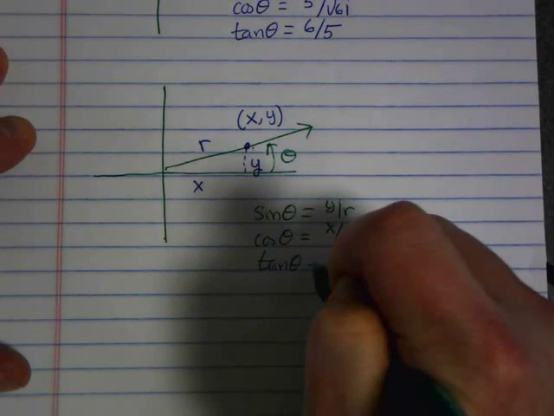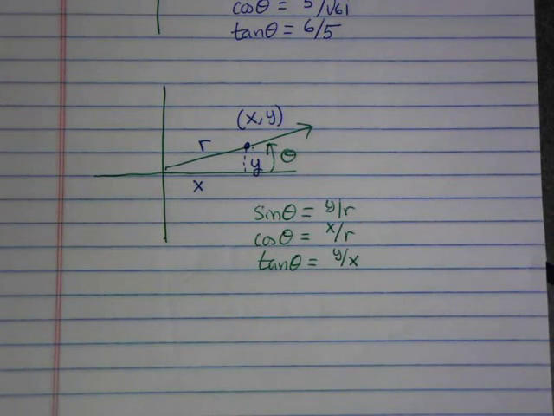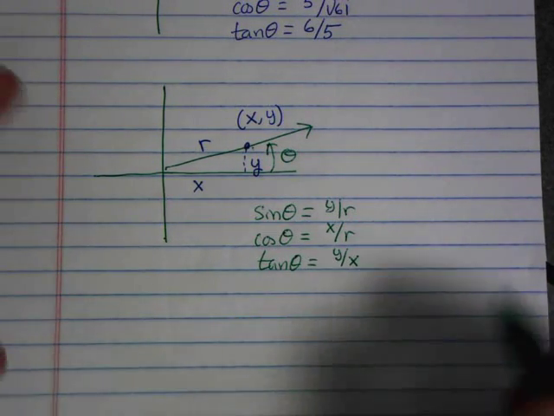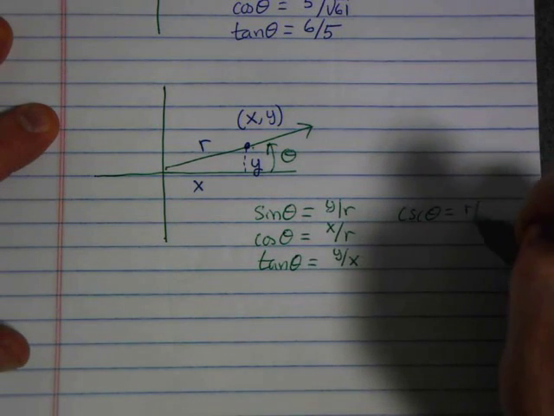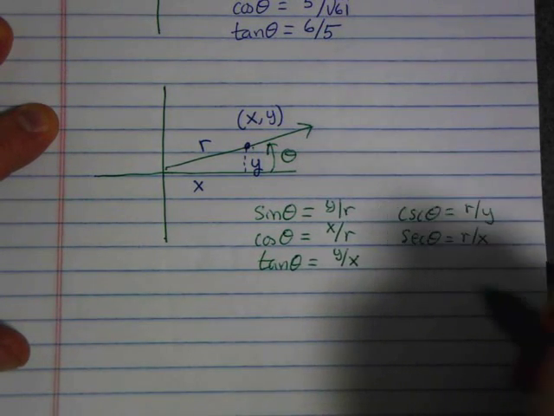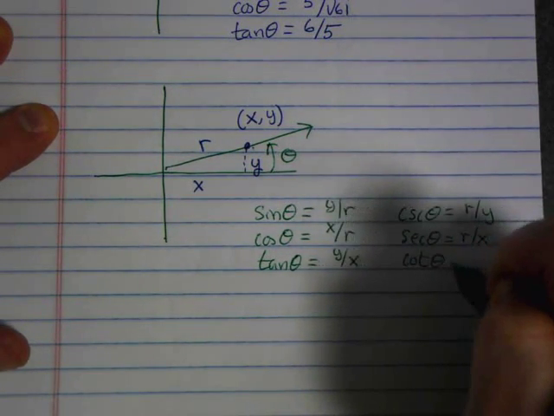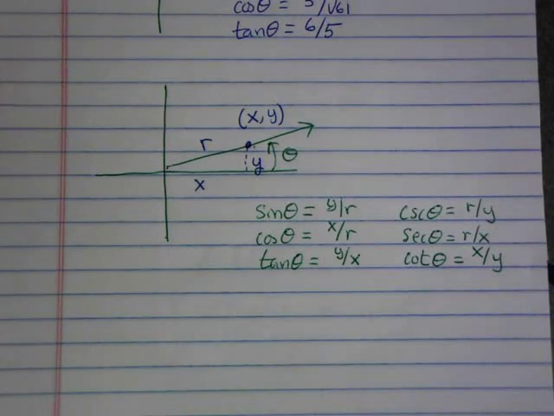Tangent of theta is y over x. And of course I can do the other three, and I'm going to write them down just so we write them down once. Cosecant of theta would be r over y. Secant of theta would be r over x. And cotangent of theta is x over y.